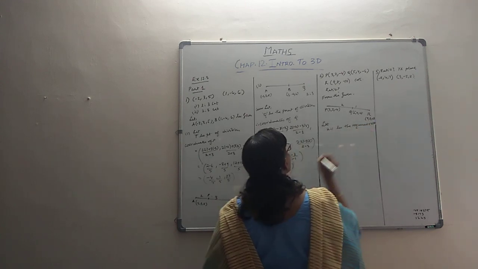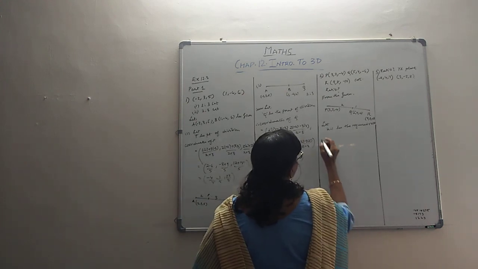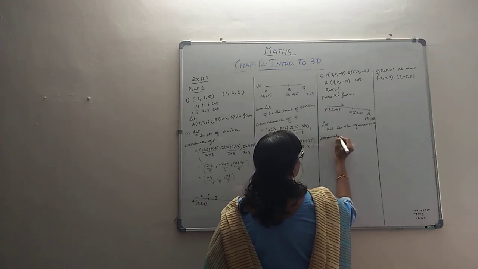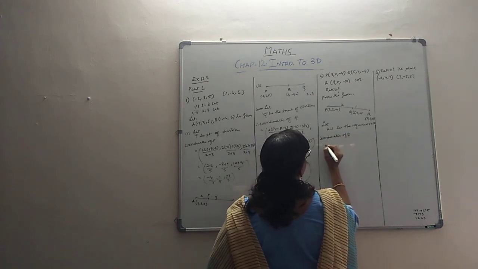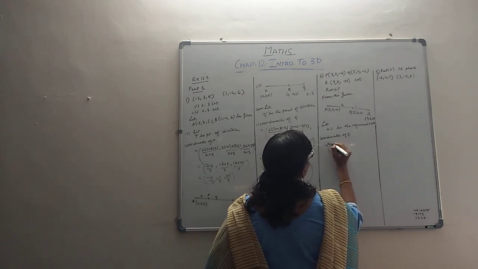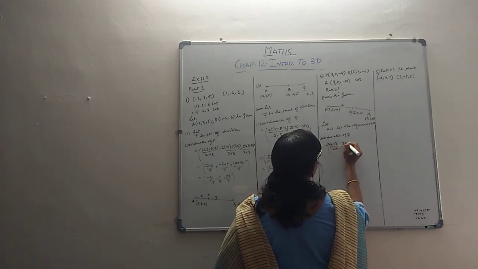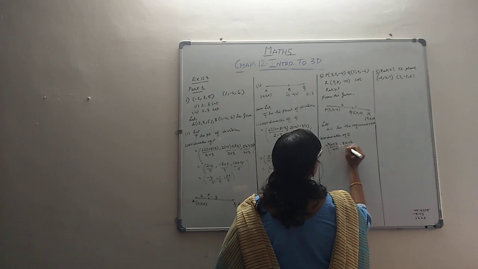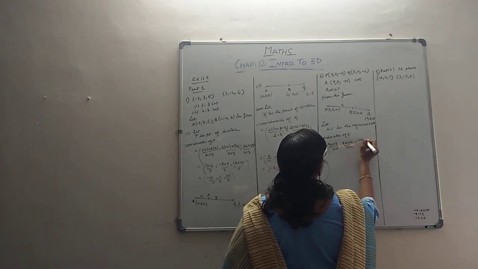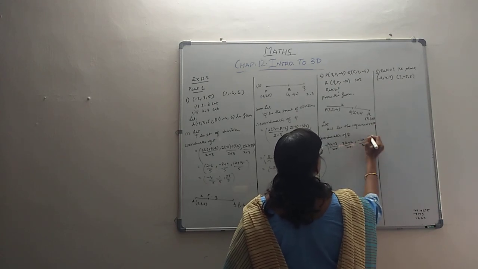Because k is to 1 is the required ratio, we'll see the coordinates of Q. By formula it is (9k plus 3) by (k plus 1), (8k plus 2) by (k plus 1), (-10k minus 4) by (k plus 1).